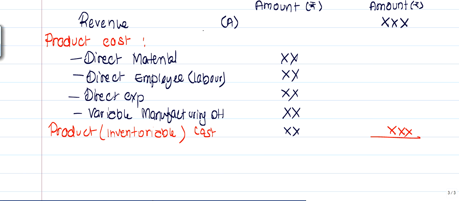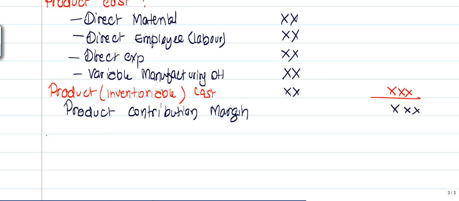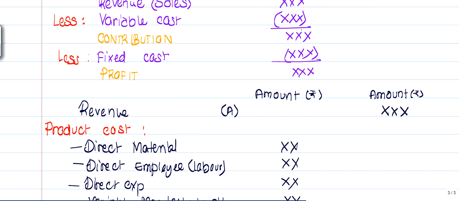If you deduct this one, you will get product contribution margin. That is A minus B. This is B, and A is this one, in the outer column.